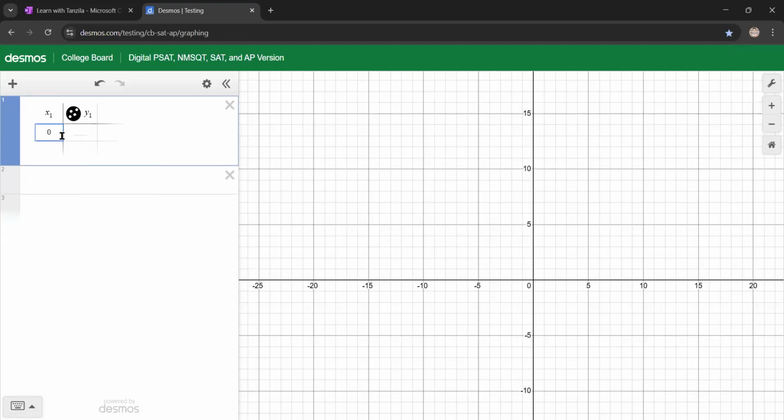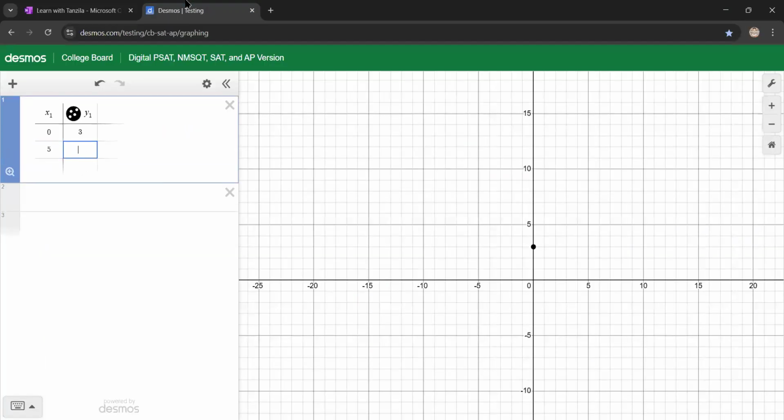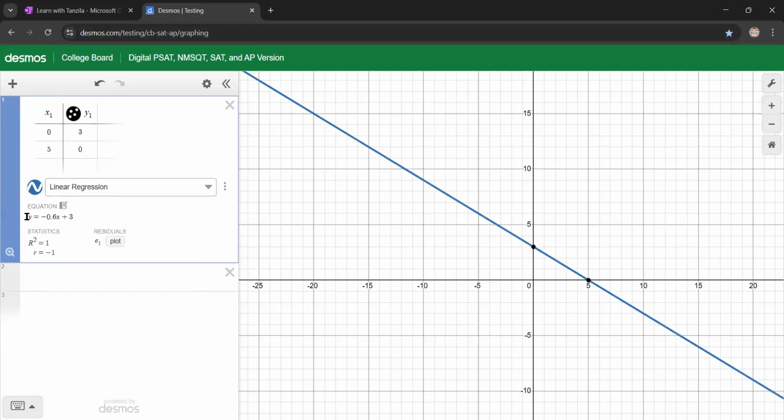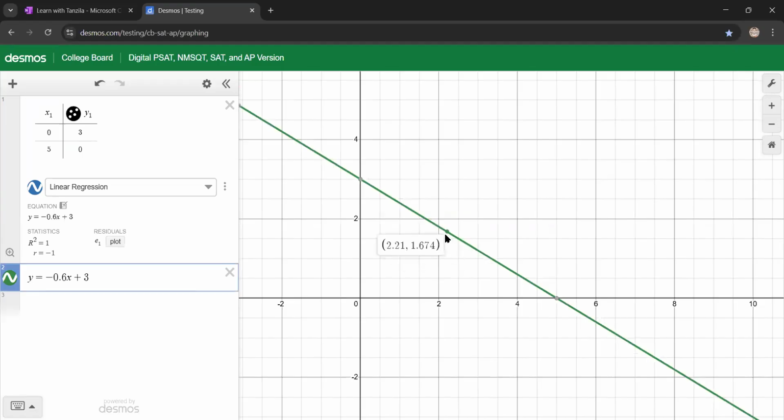We can do linear regression in Desmos. I'll click here, do my regression. I got the equation of the line. Now I'll just copy this equation of the line and paste it here. Now I need to find a point, like if I zoom in, my point is somewhere here, no?